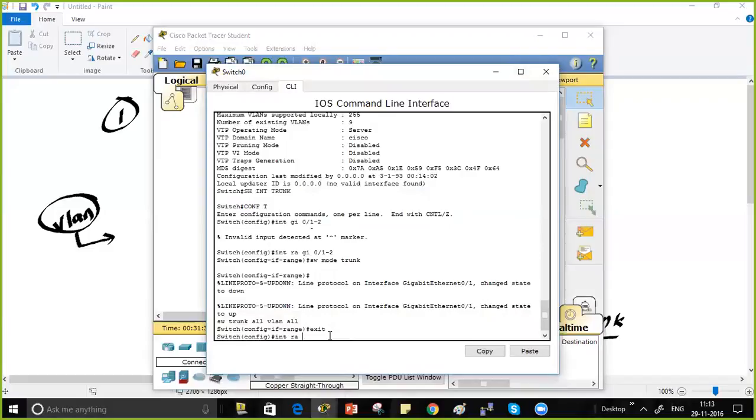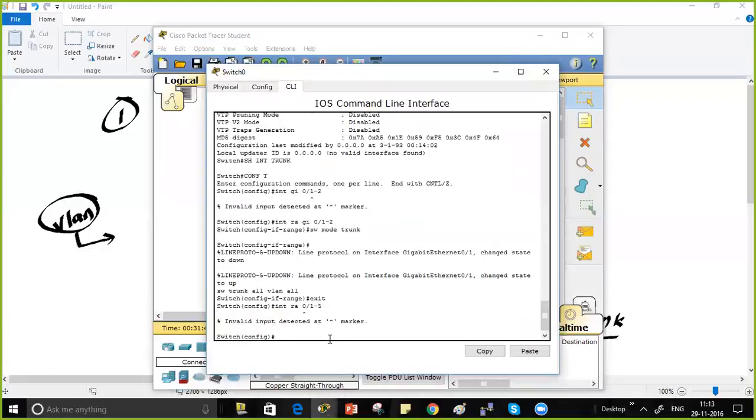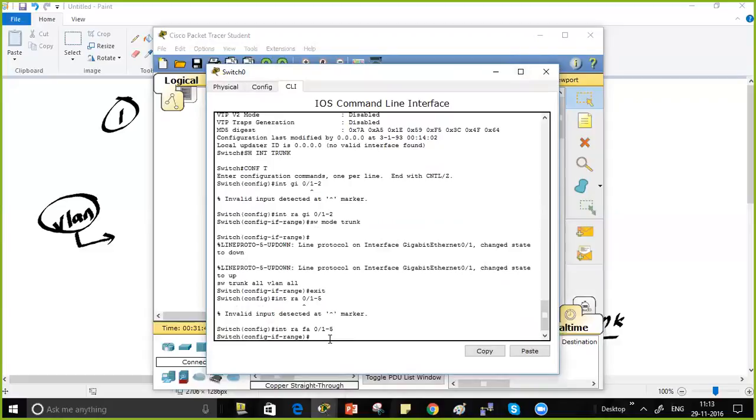Interface range FastEthernet 0/1 to 5, switchport mode access, switchport access VLAN 2.